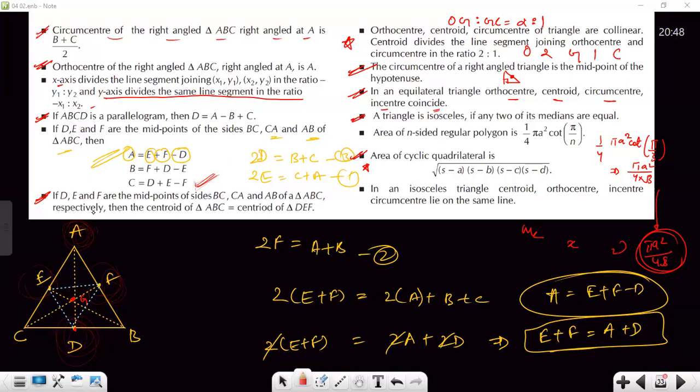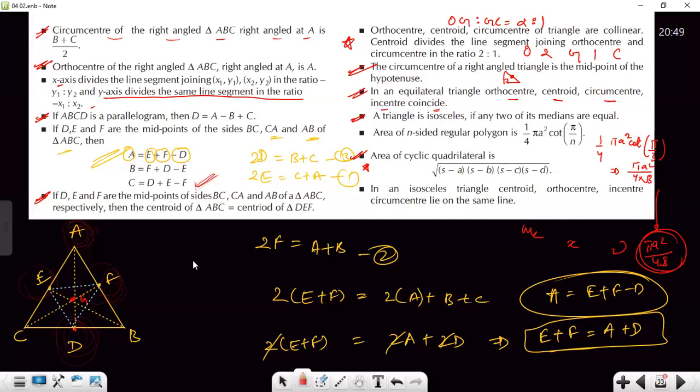Yes, right, a quadrilateral is enclosed by a circle. Very right. So all 4 points are existing on the circumference of the circle. Then the quadrilateral will be known as cyclic quadrilateral. And ABCD are the length of the sides here.